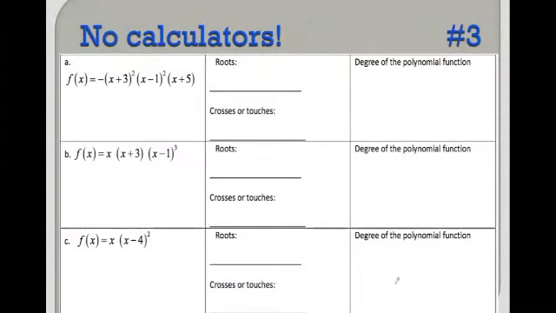Okay, for this problem, number 3, we're asked to state the multiplicity, or we have to consider the multiplicity of each 0 and talk about the behavior at the x-axis. So let's just start out by talking about degree of the polynomial.